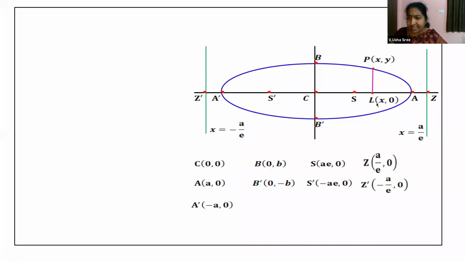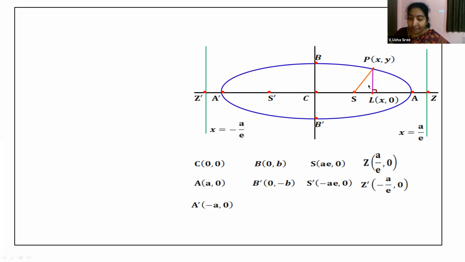What exactly is this L? This is nothing but the foot of the perpendicular dropped from the point P. Now we'll join SP. What is our target in the problem, children? SP plus S dash P. So finally, we should come to that point only after defining all these coordinates, isn't it?